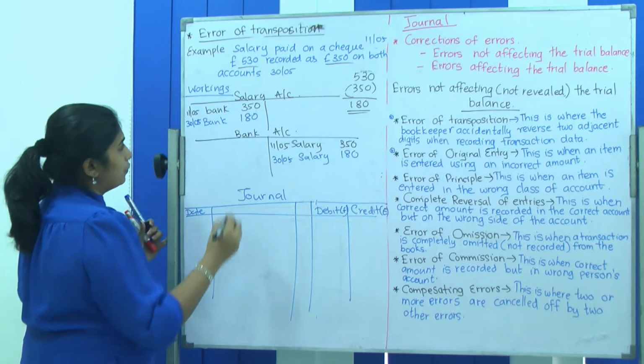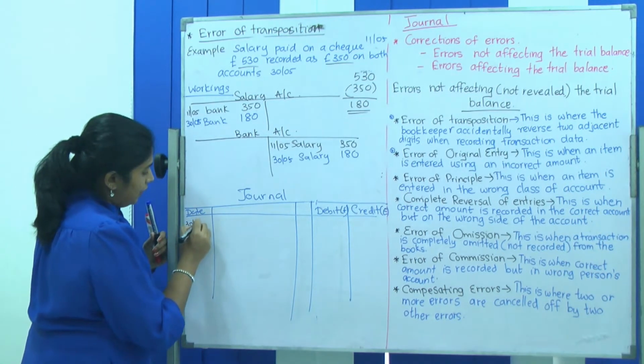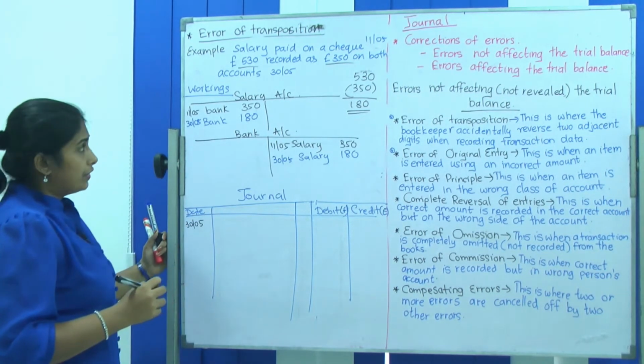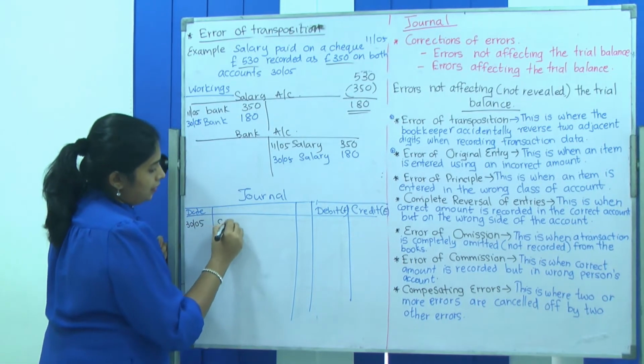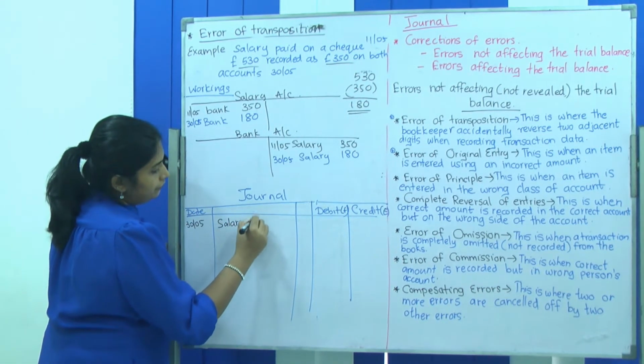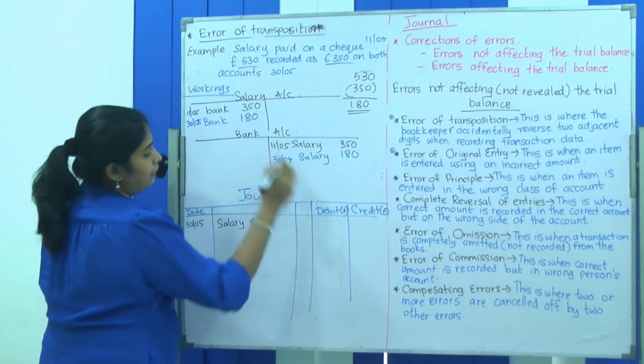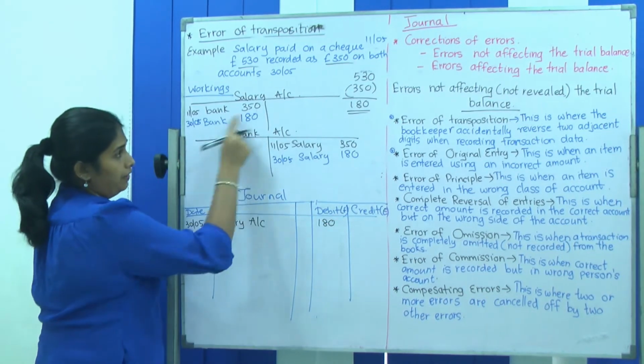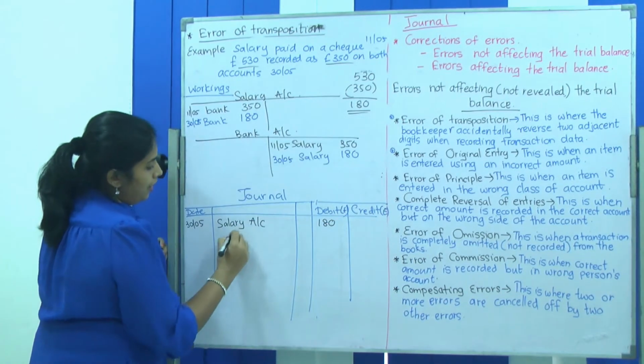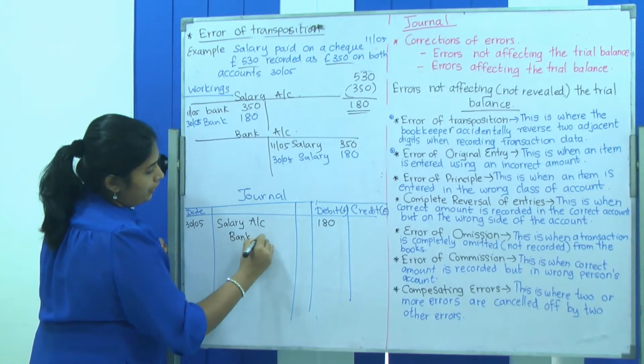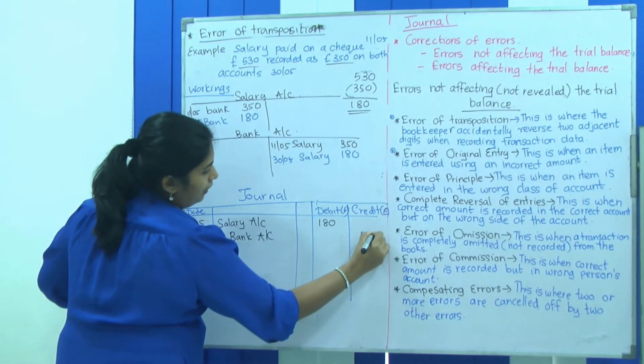Now I'll show you how to record the journal. The error was found and corrected on 30th May, and the salary account was debited. Only the difference, 180, you have to write. Then the bank account should be credited by 180.